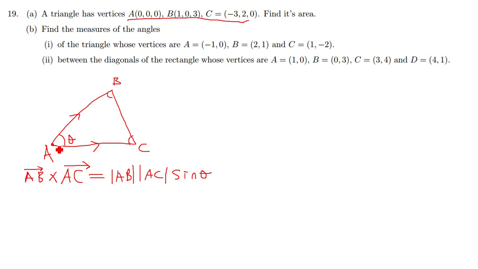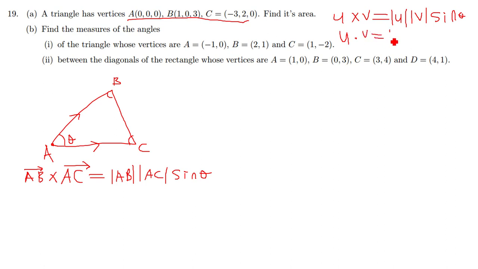So the first thing that we're going to do is say AB cross AC, because I know U cross V is just equal to the magnitude of U times the magnitude of V sin theta. Don't confuse this with the dot product. U dot V, you have to use cos.